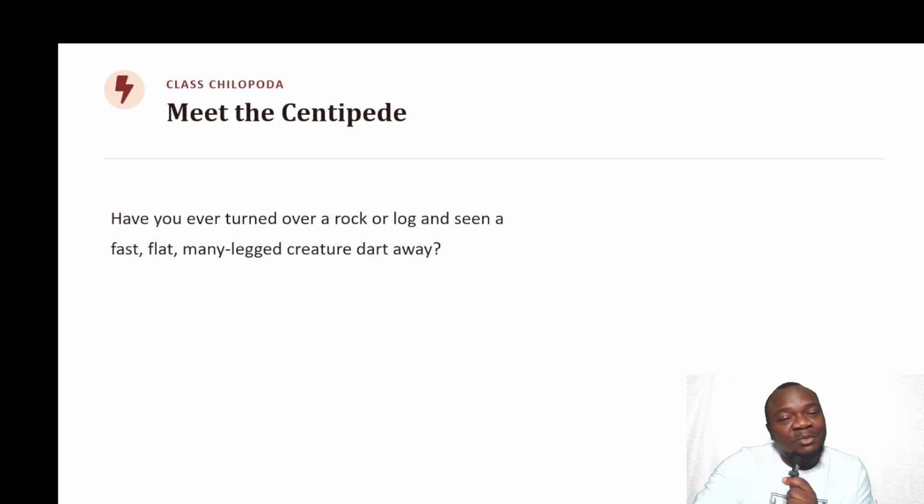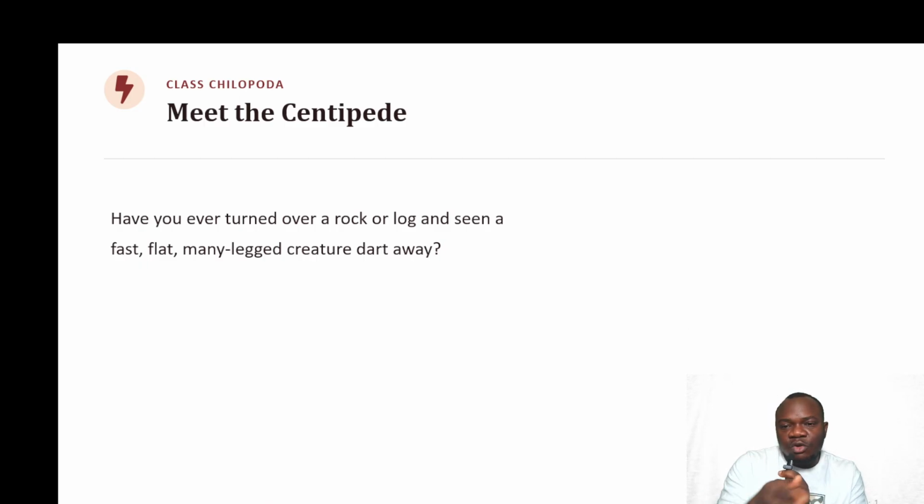So don't mind me. Now most of the time when you raise a rock up, you see a many-legged animal walking away from the rock, and this animal is very flattened. They move around, they have venom, and they are known as centipedes.